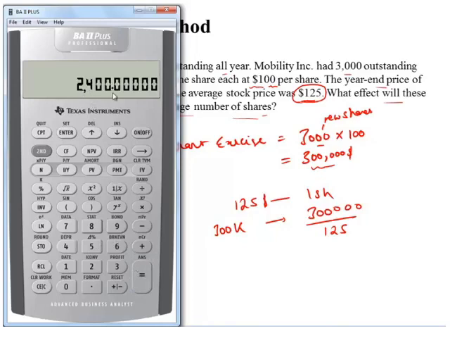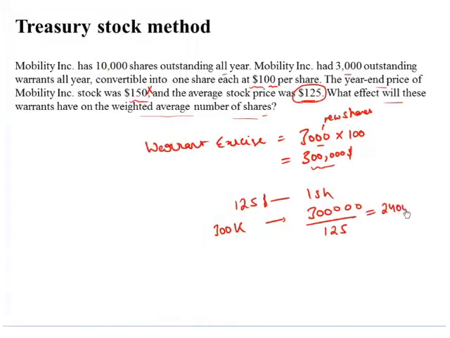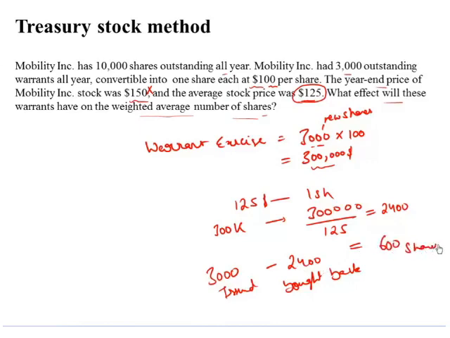That is approximately 2,400 shares. So we issued 3,000 shares and we bought back only 2,400 shares, resulting in a net increase of 600 shares. So the weighted average number of shares for the diluted EPS calculation would be 10,000 plus 600.